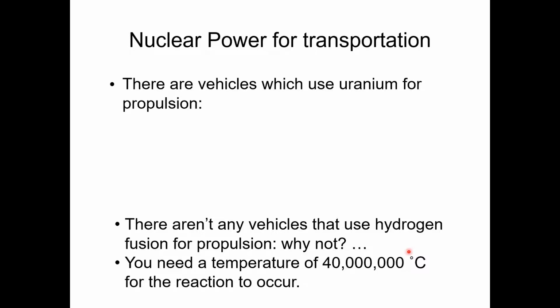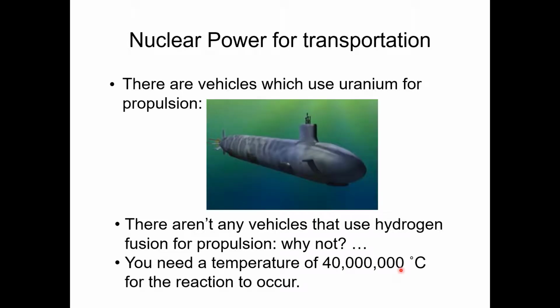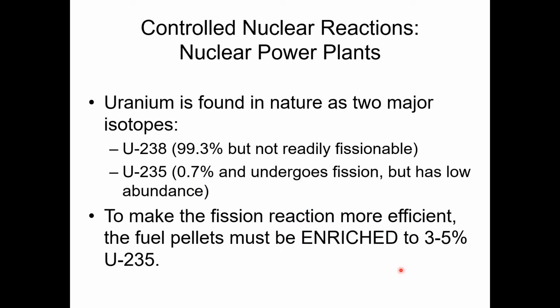You need a temperature of 40 million degrees Celsius for that reaction to occur. So it's not practical for a vehicle to have that sort of temperature ongoing for a long amount of time. So you'll see fusion in nuclear weapons, and we'll talk about that in a little while, but you tend not to see fusion for propulsion in vehicles. Okay. There's my submarine. Here we go.